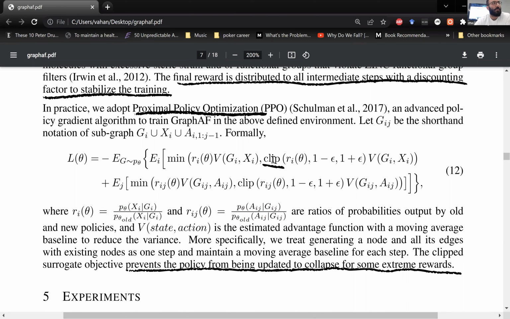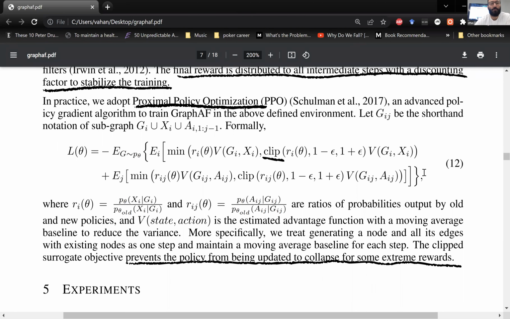Like this formula, it looks confusing, but it's literally the formula for the Bellman equation, modified to work for proximal policy optimization, PPO. Basically what it does is it clips rewards, and that's what you can see over there.